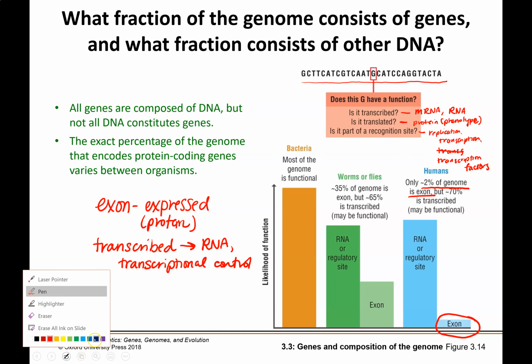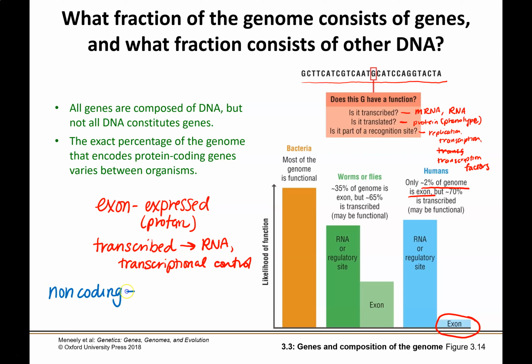Now, you can also have regions, particularly in eukaryotes, not so often in bacteria, that are non-coding. These non-coding regions may have some sort of structural function, for example, telomeres.